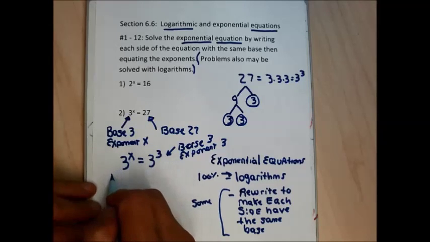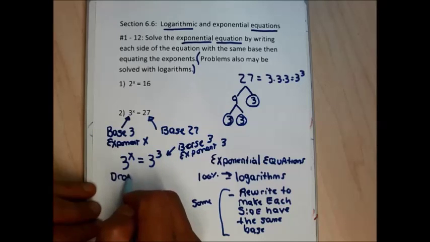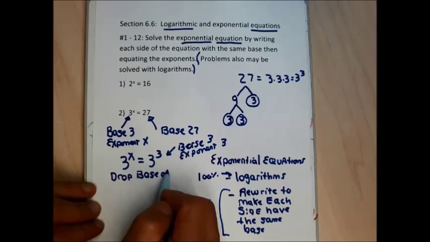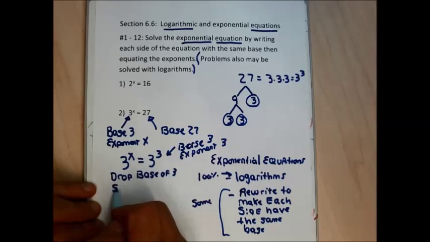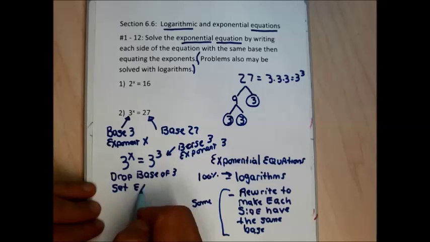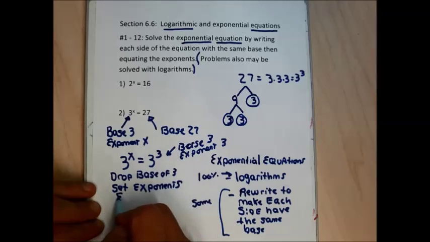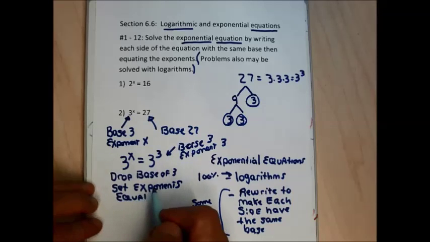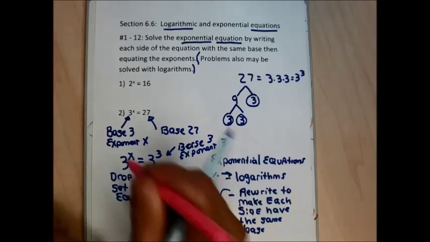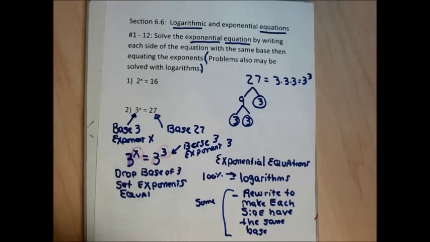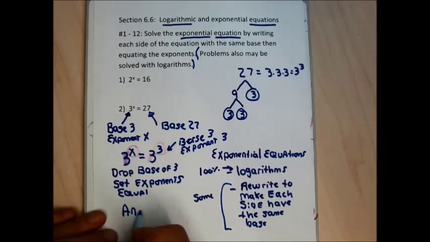So my next step after getting both sides written with the same base is I'm going to drop the base of 3 and set the exponents equal to each other. And that's actually going to give me the answer because when I set the exponents equal to each other, I'm going to cancel those 3's out. Because the left exponent is just a plain x, that's actually going to be the answer for all of the problems in this section.